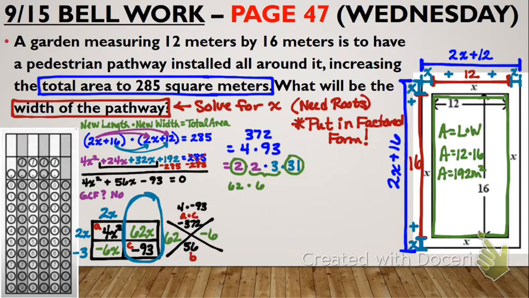But 2 times 31 gives me 62. Would it be a positive or a negative 31? Positive 31. Look at that horrible thing that you guys just factored. We got 2x minus 3 times 2x plus 31 equals 0.